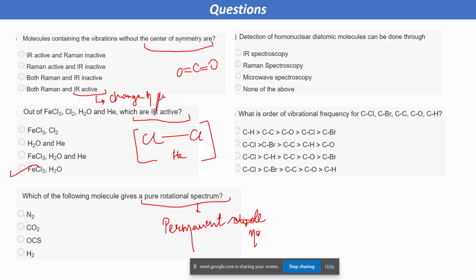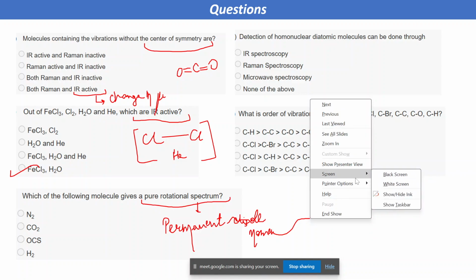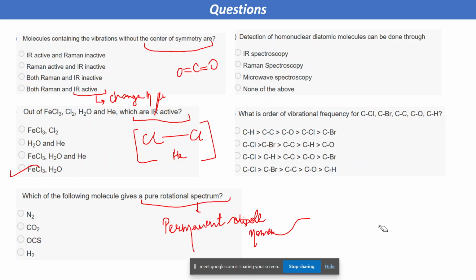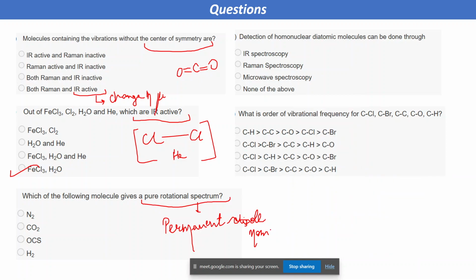So out of these molecules, N2, CO2, OCS, or H2, which will have a permanent dipole moment? OCS. Correct. It will be OCS.